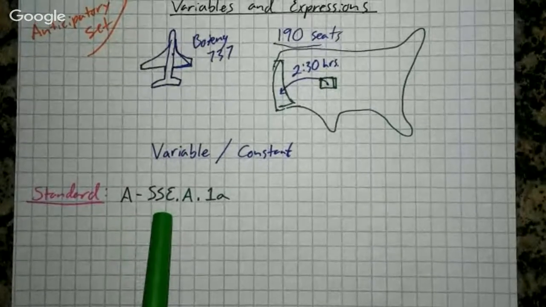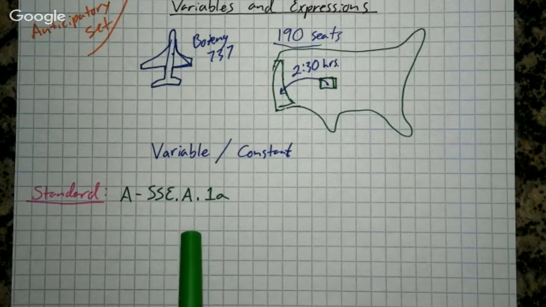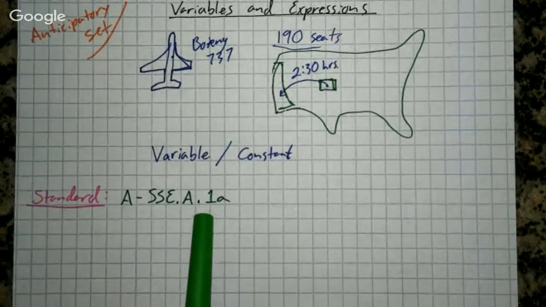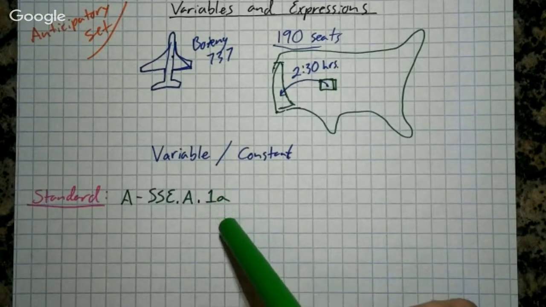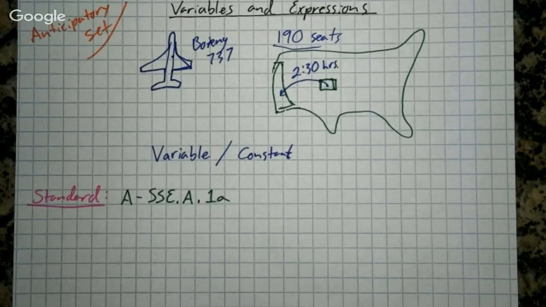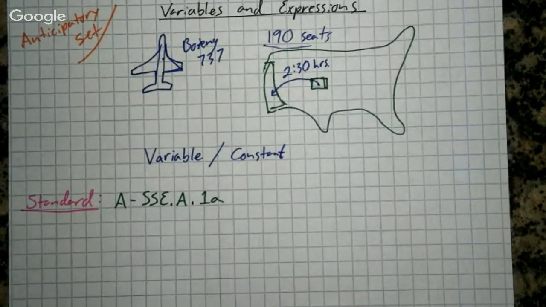Now, in that substandard, there are three different things that we're going to be talking about: A1, A2, and then B3. Today, we're going to be doing A1, and not just A1, but we're going to be even more specific, standard A. So it's very confusing, and we're going to want to make sure that we write this down so we can think about it. But just know we're in algebra, we're talking about expressions, and then we're doing a substandard.